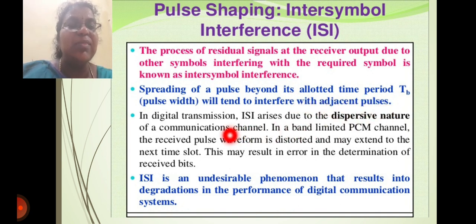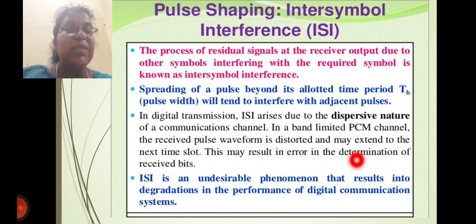In digital transmission, ISI arises due to the dispersive nature of a communication channel. In a band limited PCM channel, the received pulse waveform is distorted and may extend to the next time slot. This results in error in the determination of received bits. So ISI will become a complex problem when the receiver has to detect whether a binary 0 or a binary 1 has actually been transmitted.